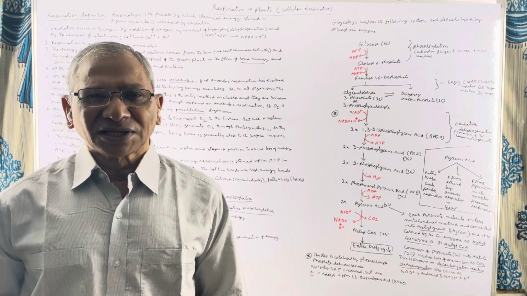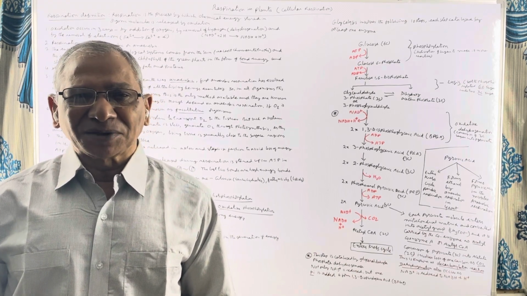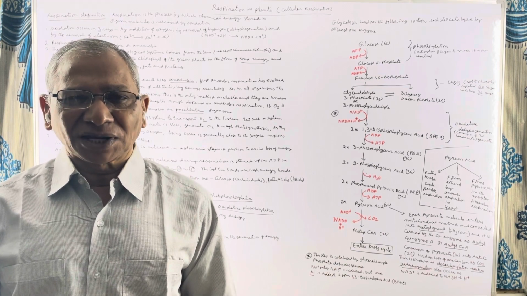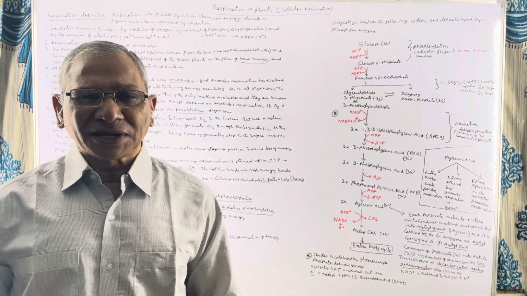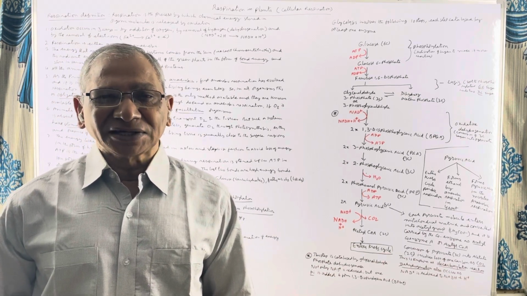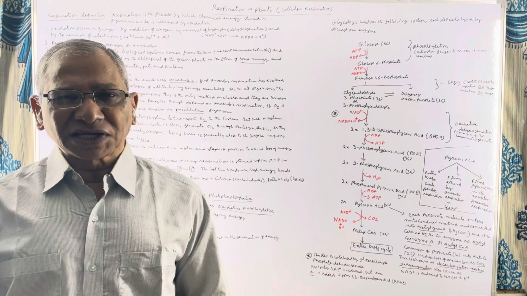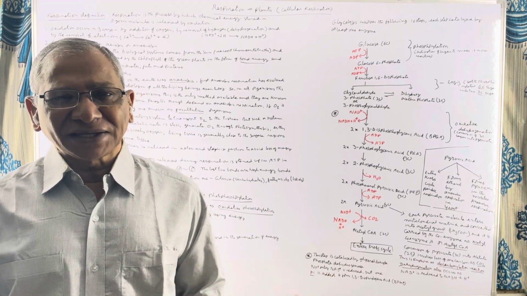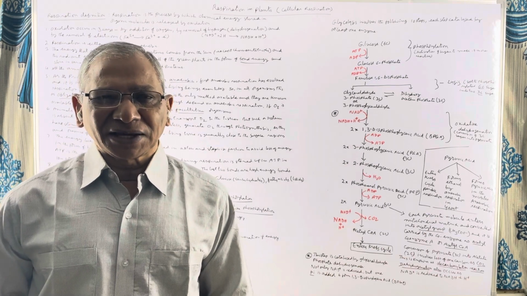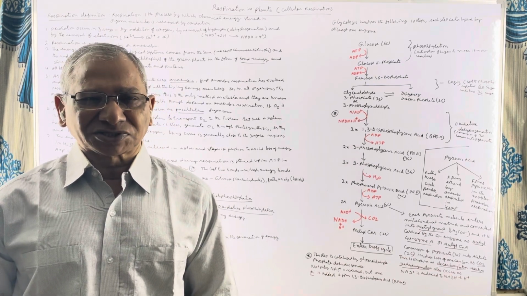That means the energy is stored in the form of ATP, and this energy is used for various metabolic activities. So ATP is known as the energy currency, and it is rechargeable. Whenever ATP becomes ADP, ADP again becomes ATP. So, like a battery, ATP is a rechargeable substance.